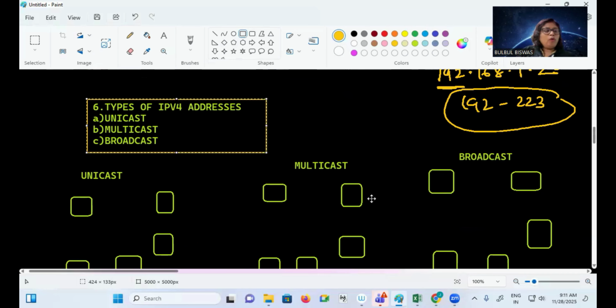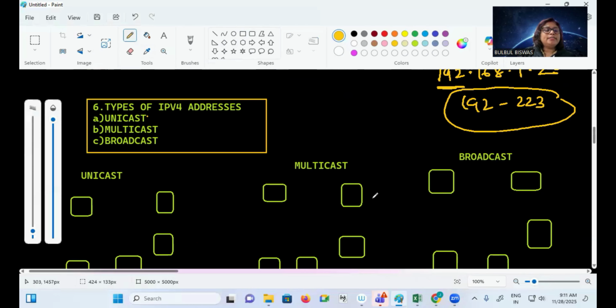One type we call unicast communication, another we call multicast communication, and another we call broadcast communication. So let's see what it is. IPv4 addresses are 3 types: unicast, multicast, and broadcast.